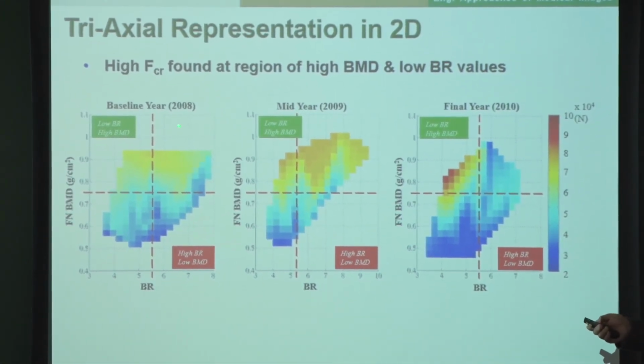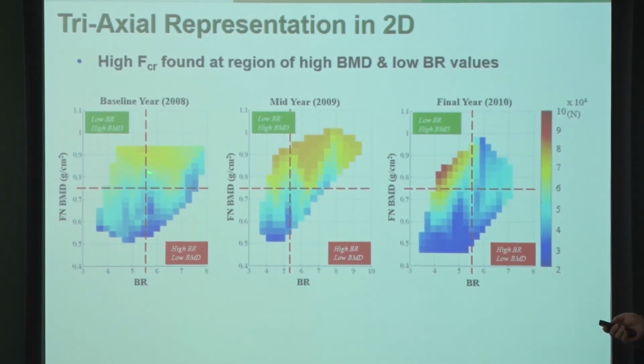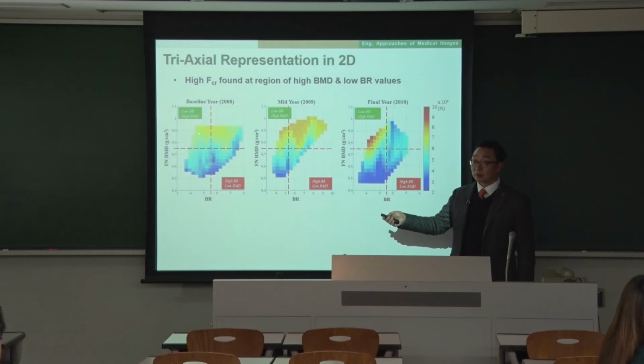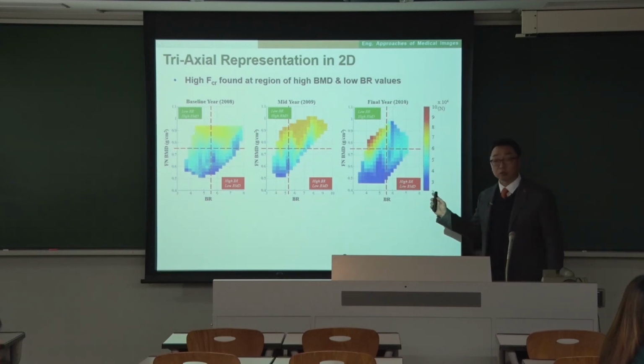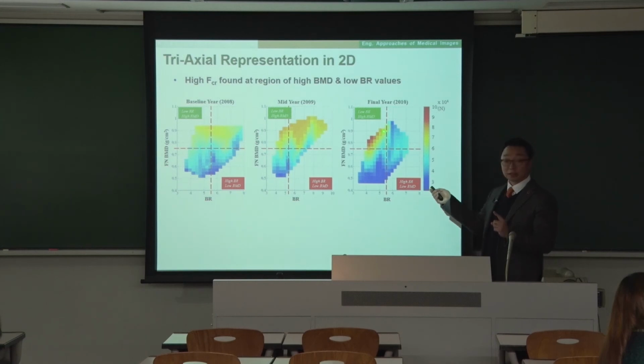Comparing 2008 to 2010, you see some subjects who have high femoral neck BMD and a low Buckling ratio. These are the group who took the anti-resorptive medicine, which is a bisphosphonate. There are two types of osteoporotic medicine. They took one kind of medicine over 3 years.